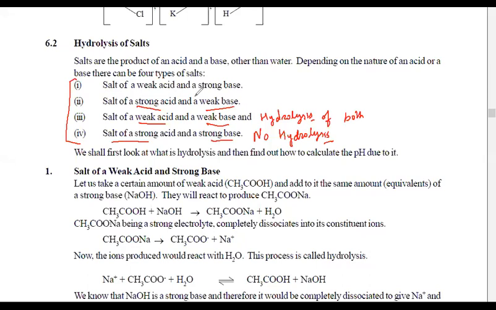Wait, everyone. So, in this case, obviously weak base will undergo hydrolysis. Salt of weak base, right? Basic component. Yes, very good.